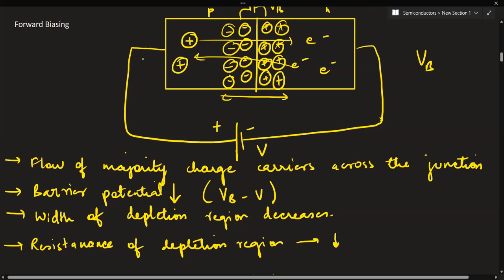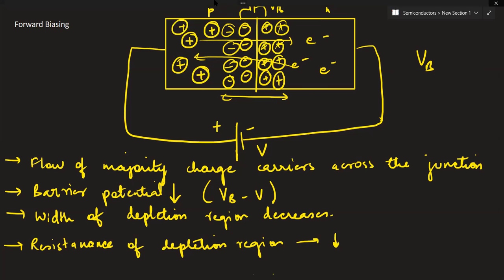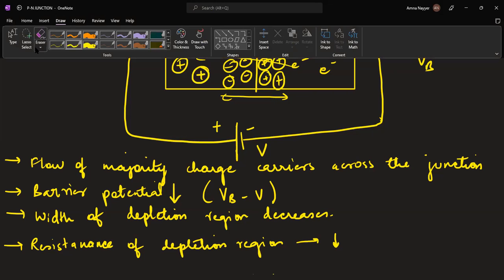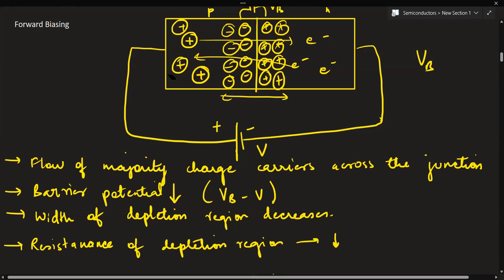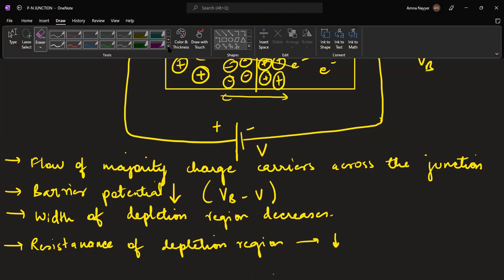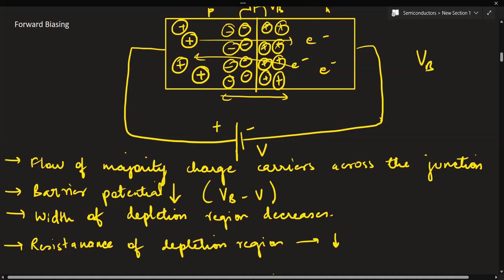See, majority charge carriers are moving. If I say holes are the majority charge carriers in case of P type, now see this positive charge has moved and reached the N part. So holes are moving from P to N. When a hole moves from P to N, what gets created?